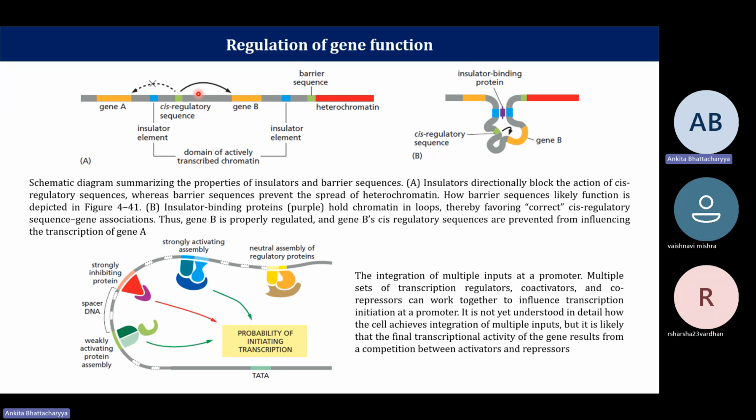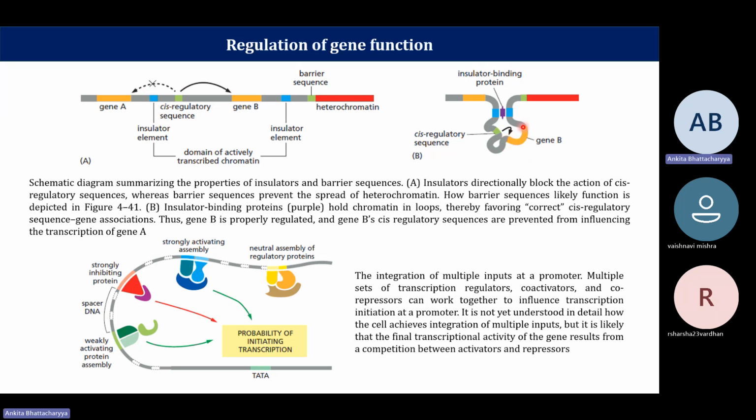The job of an insulator is not to stop expression from happening, but to prevent the spread of the hyperactivation or the enhanced expression of a certain gene to the next one. So what it is doing is segregating out that region which is going to actively undergo transcription, thereby preventing accidental overexpression of another gene by the same regulatory sequence, by forming a separate loop.